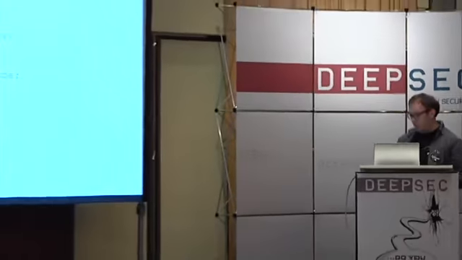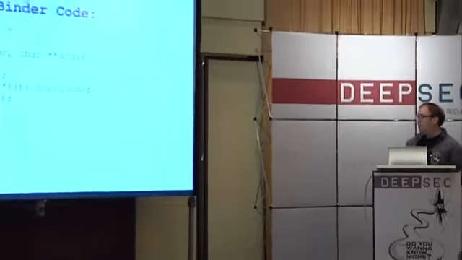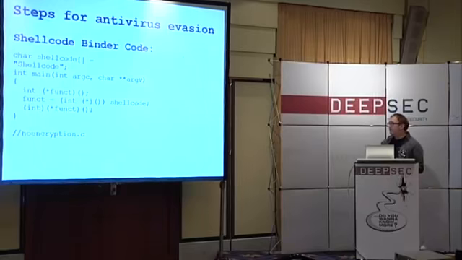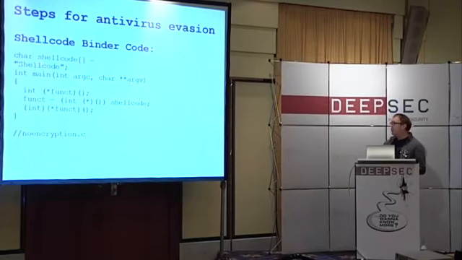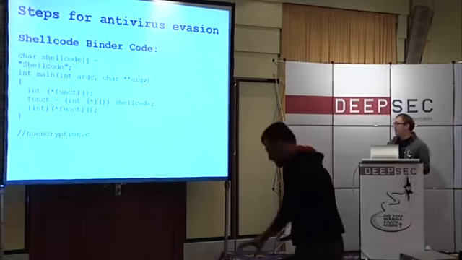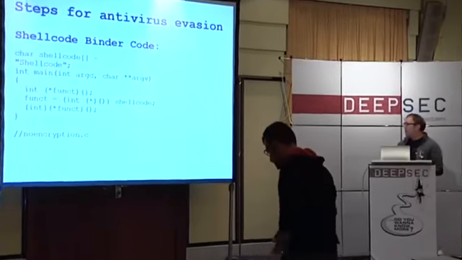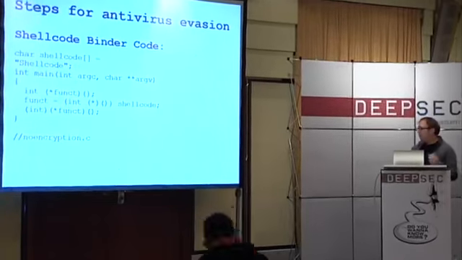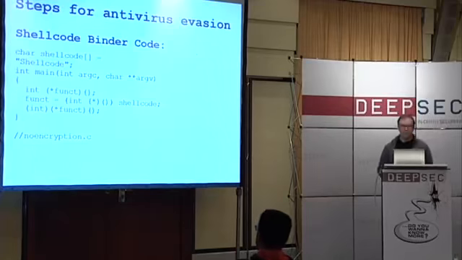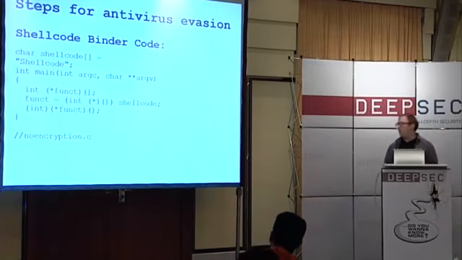So we need to do that on our own, and this is how it works. Here is the file name from the repository. It's pretty simple. You have your shellcode, and this is more or less a simple function pointer, so nothing really strange here.